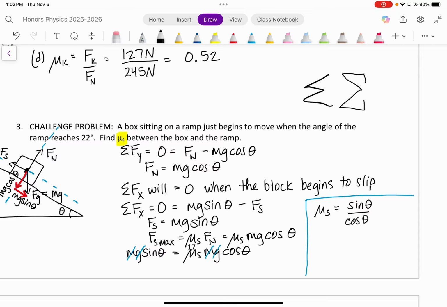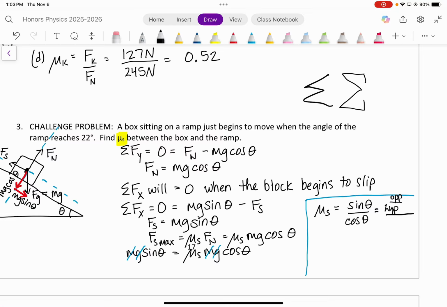How would I calculate sine of theta if I was in a geometry class and I just had a triangle? What would sine of theta equal? Opposite over hypotenuse. What would cosine of theta equal?